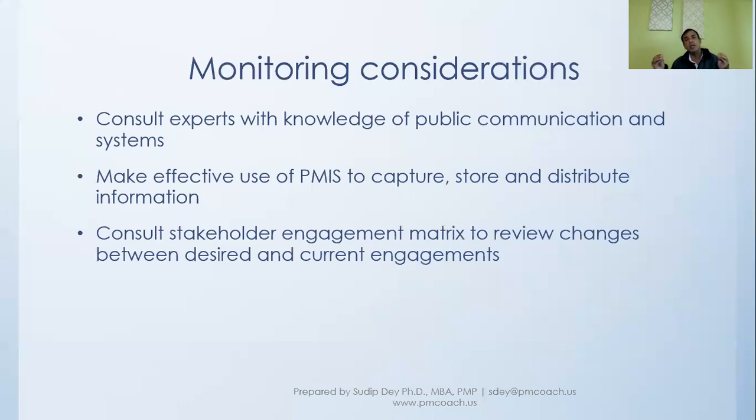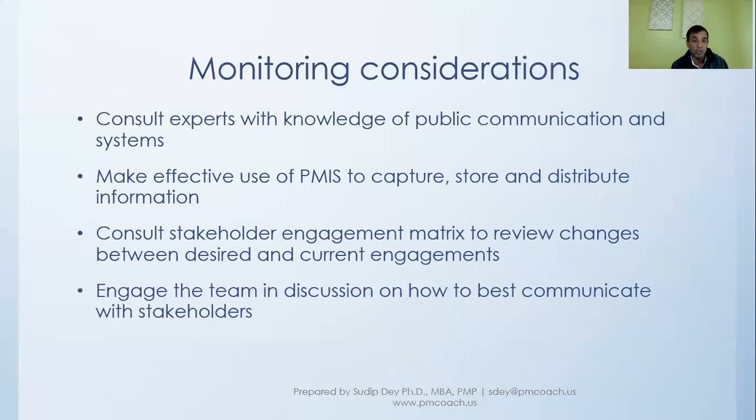Someone might not be very supportive, and for the benefit of the project, we want to make them supportive. So we will plan our communication according to that stakeholder engagement strategy. That's why we have to look at the stakeholder engagement metrics to see how we have to go about communicating with the stakeholders.